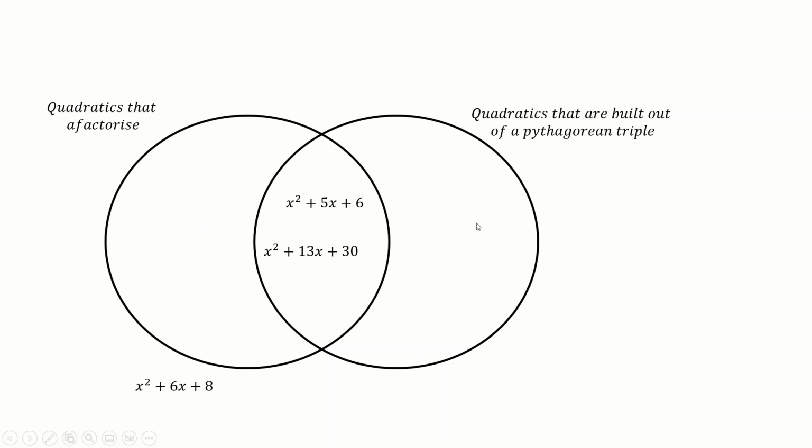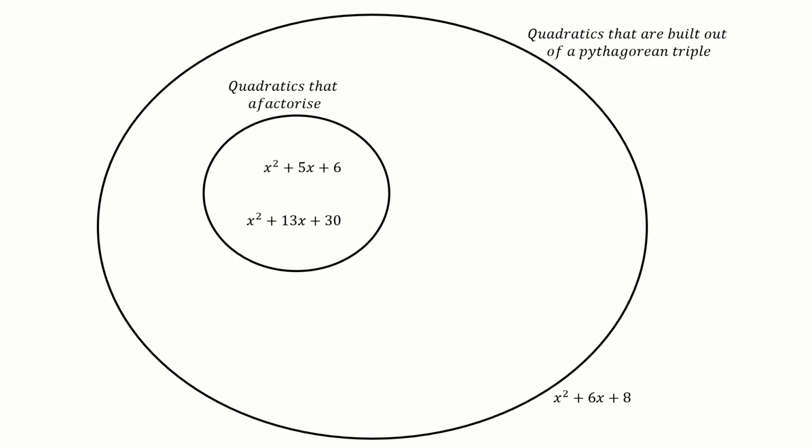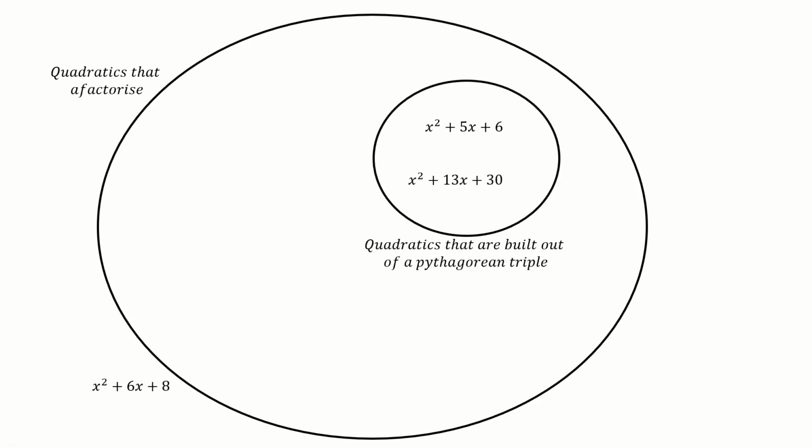There's another option for our set theory diagram, which is this. Maybe every quadratic that factorizes is built out of a Pythagorean triple, but there are some quadratics built out of Pythagorean triples that don't factorize. Again, we haven't found any, but maybe this is what the picture actually looks like. Or, in reverse, maybe it looks like this.